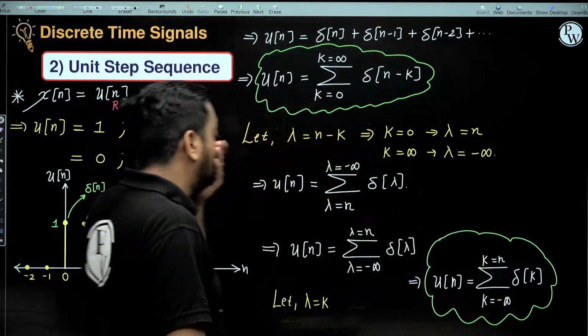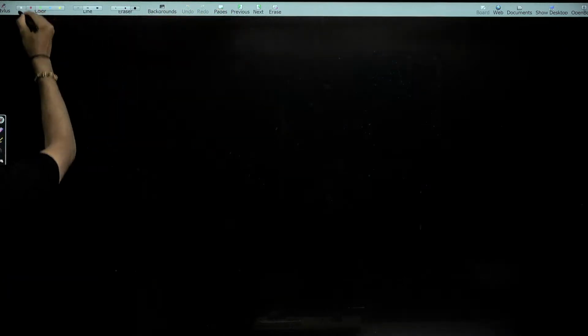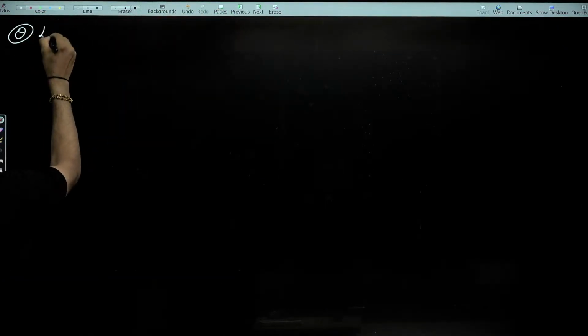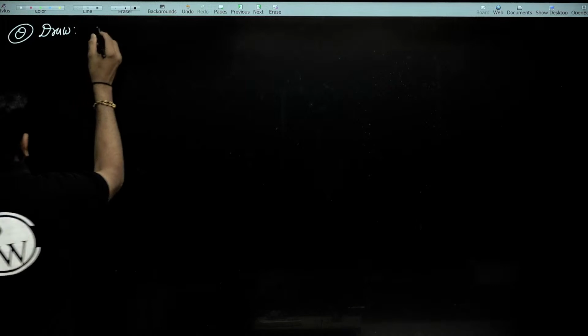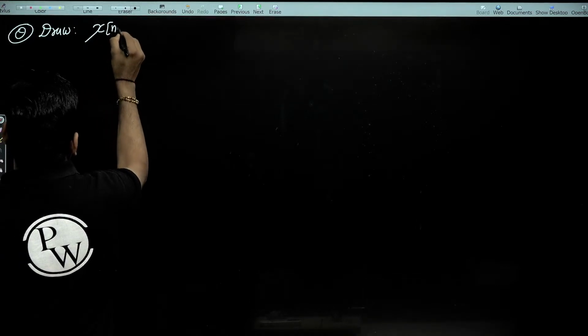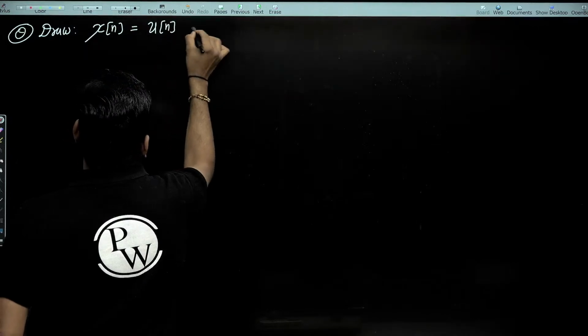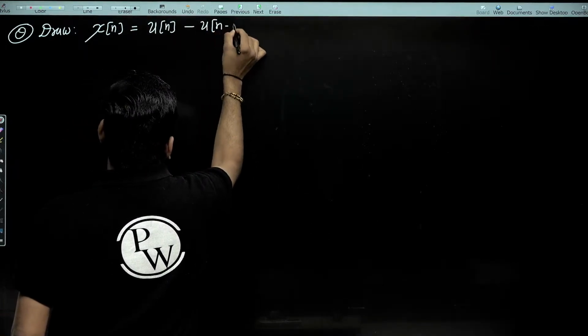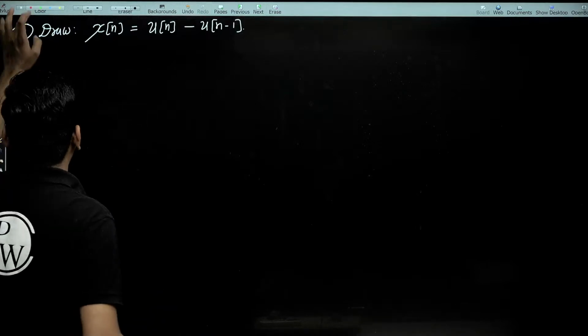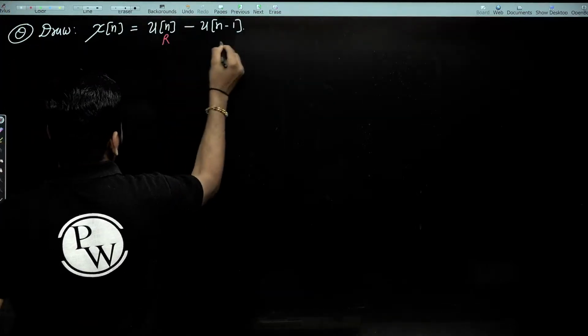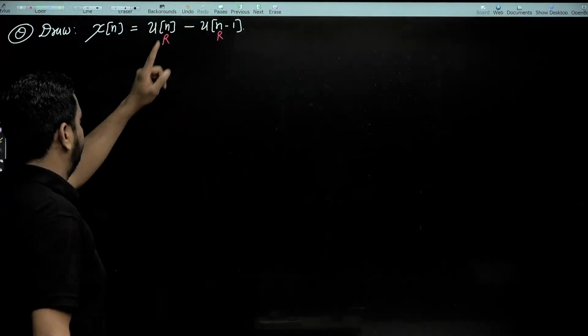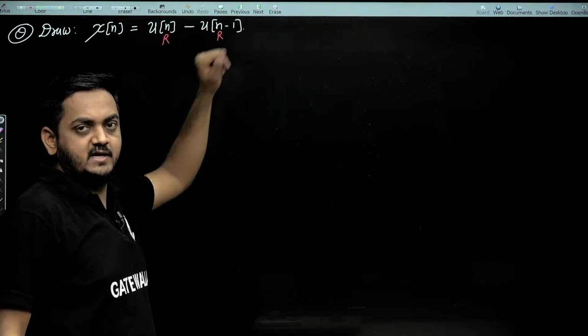Now suppose I am asking to draw x of n is equal to u of n minus u of n minus 1. So this is also right sided signal, this is also right sided signal. This will start from n equal to 0 going towards right side.